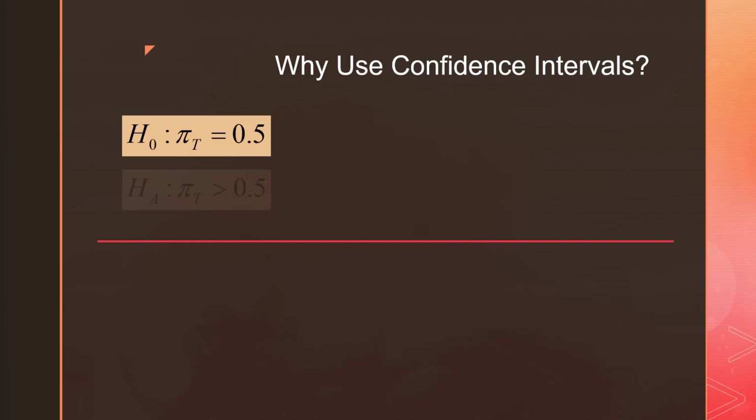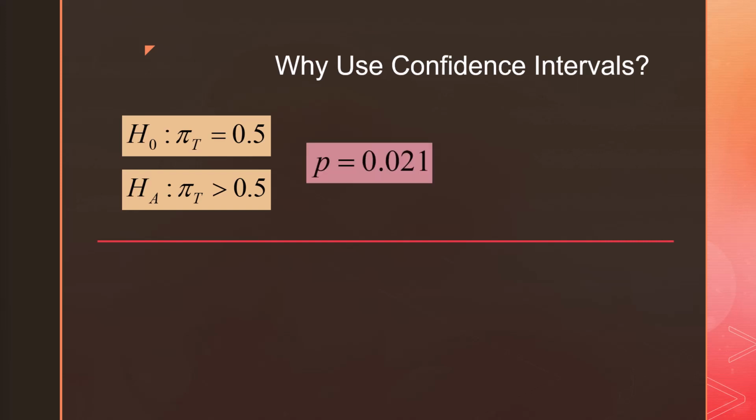Thus, we introduce a statistical alternative hypothesis that is in keeping with our research hypothesis. This states that there is a greater chance that the treatment participant will improve than vice versa. In other words, the treatment works, at least for most participants. We draw a sample to observe, build a binomial distribution using the null hypothesized value of pi equals 0.5, then determine if our observations are far enough in the upper tail of the distribution to be able to reject that null hypothesis in favor of the alternative.